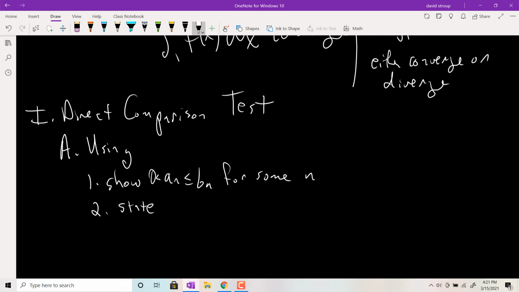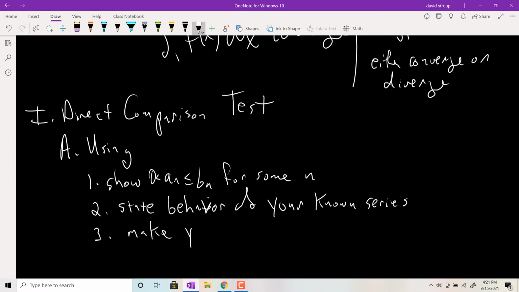So state the behavior of your known series. And then thirdly, make your conclusion. So on the test, I should see all of this, 1, 2, 3.